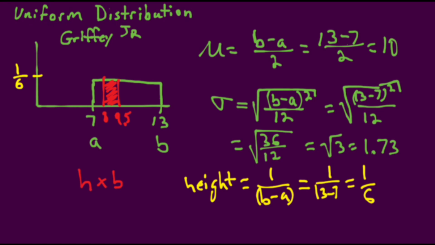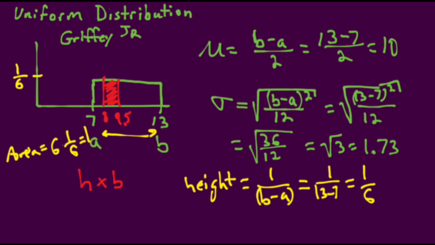And we could probably, again, figure that out without the formula, in that this is a distance of 6 units. If the area is going to be 1, or 100%, then what we really want is 6 times 1/6 equals 1.